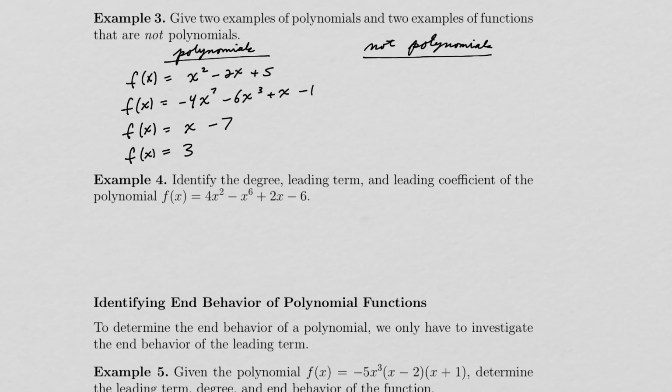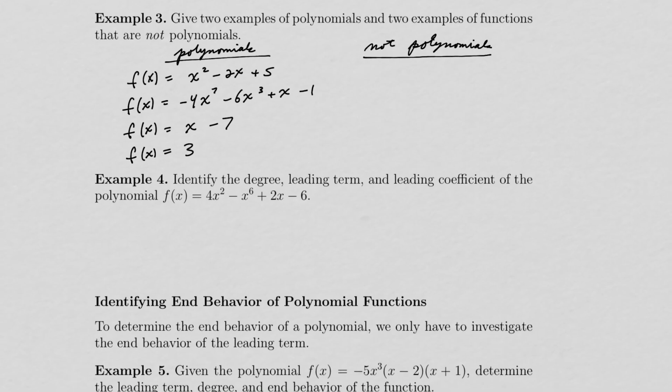What isn't a polynomial? You can think of many examples. Things like, if I have a square root function of something, that would definitely not be a polynomial, right? It doesn't have that form. Some trig function, right? We'll talk about trig in the last few sections of this course.